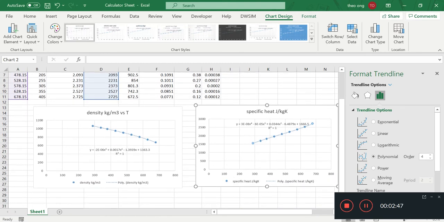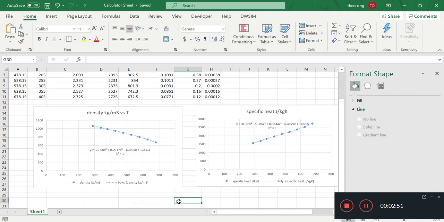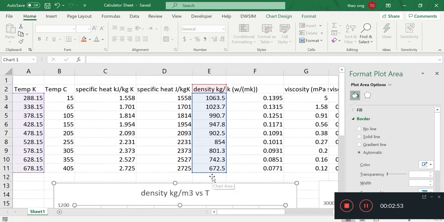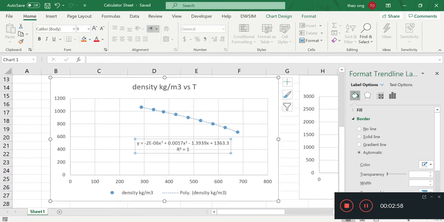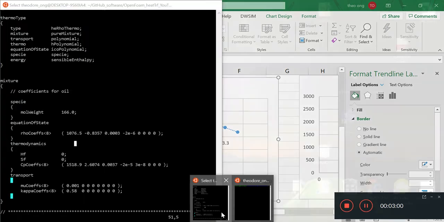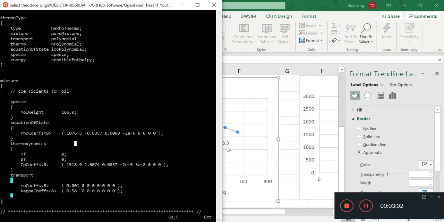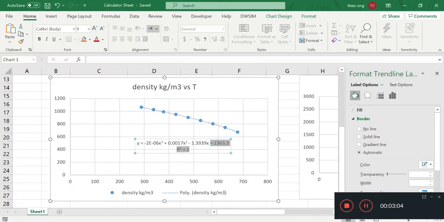So I'm going to get all these coefficients in. I'm going to zoom in so that it's easier for you to see. 1363 for density, 1363 is here.